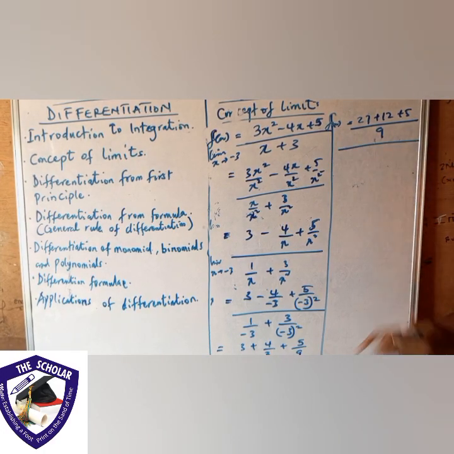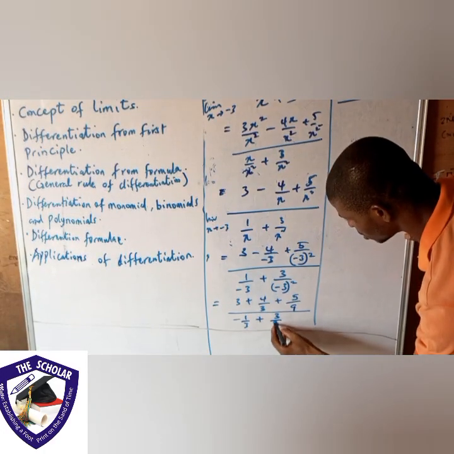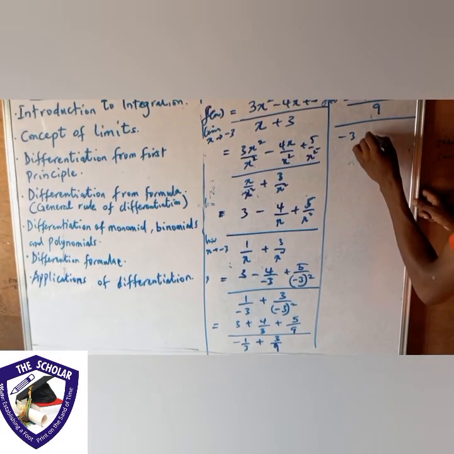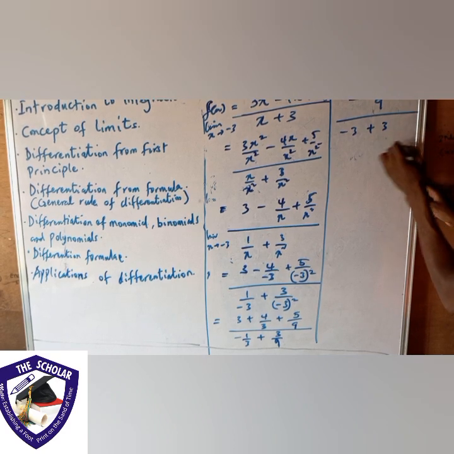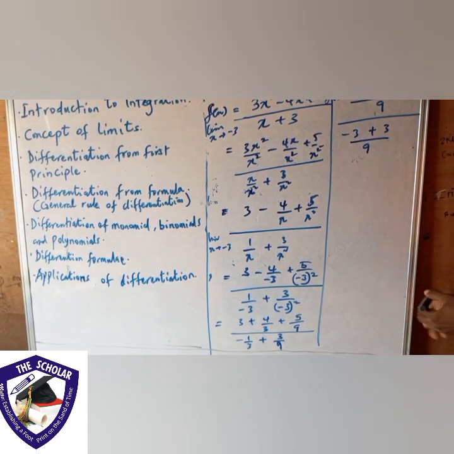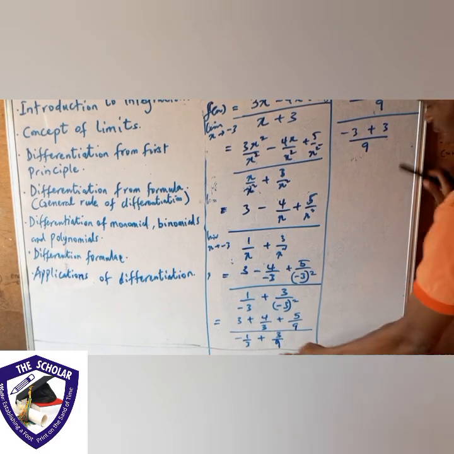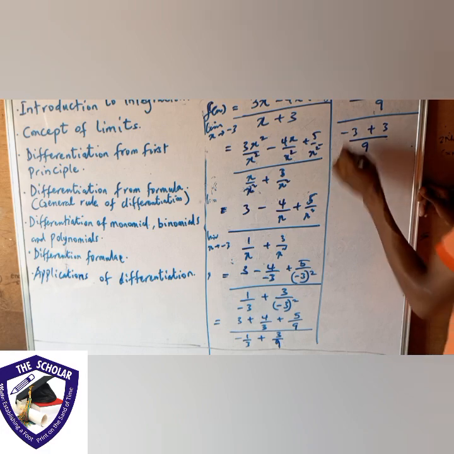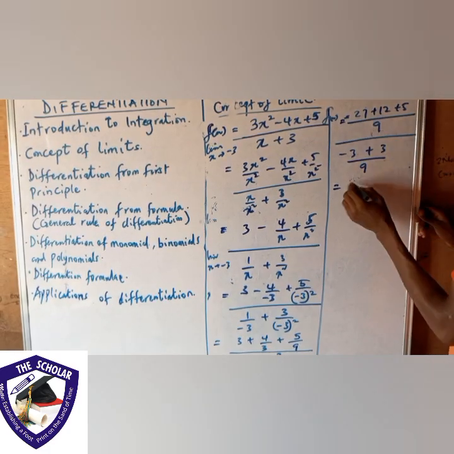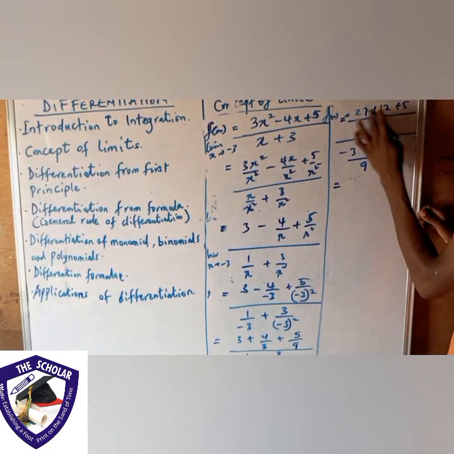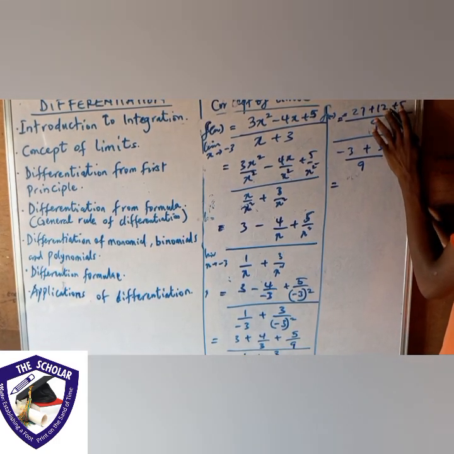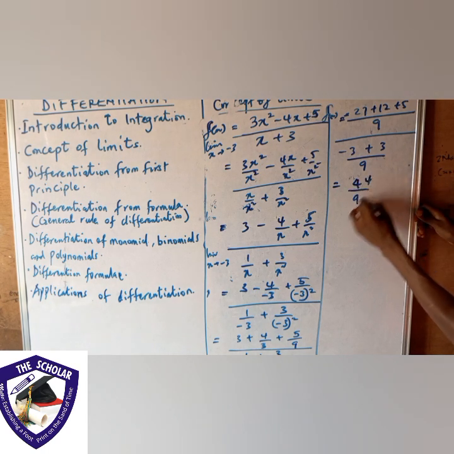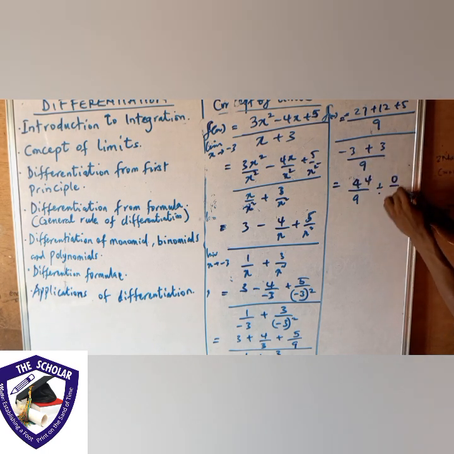For the denominator, the LCM is also 9: minus 3 plus 3 all over 9. So 27 plus 12 is 39, plus 5 gives us 44 over 9, divided by 0 over 9.